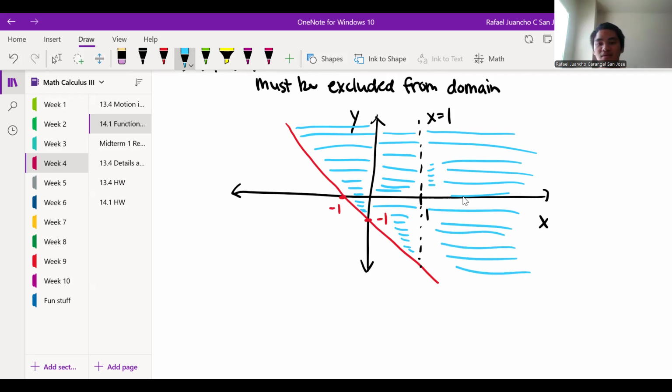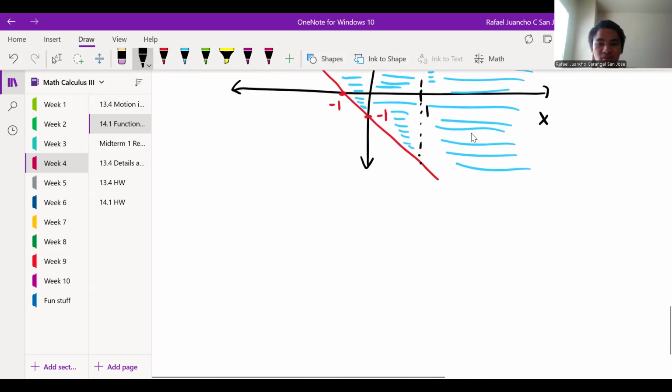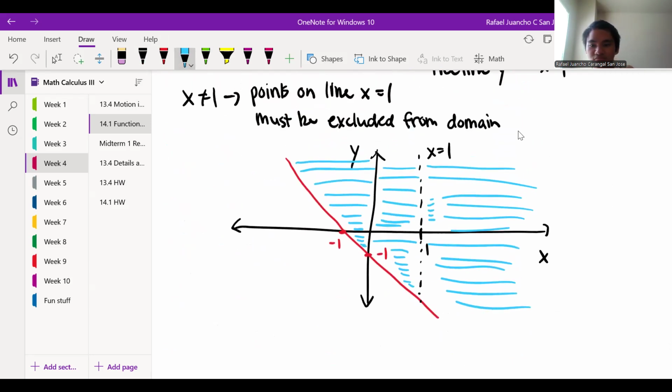Right? Except this line. That's the domain. I'm just gonna say domain. Okay. Let's look at the other one.